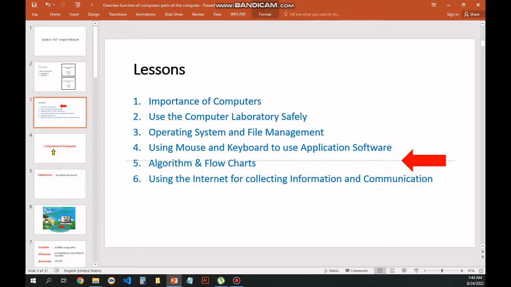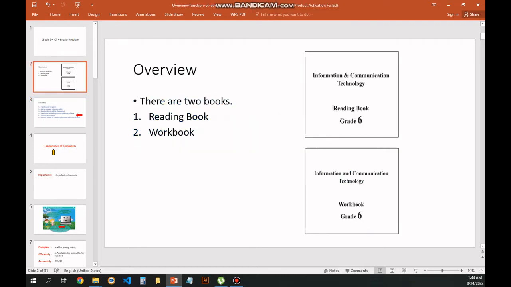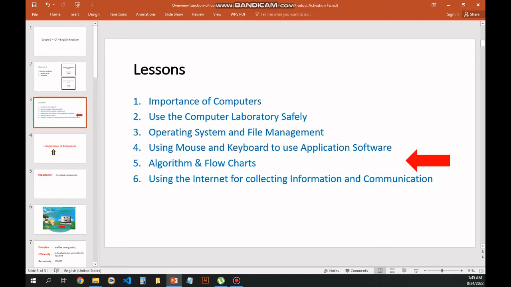I hope so far the things we talked about are clear for you all. First we talked about the overview of the ICT books. There are two books. One is called the reading book, the other one is the workbook. Inside the reading book and the workbook, all these lessons are there, the same lessons. First we are going to follow the reading book, that means the lesson content.